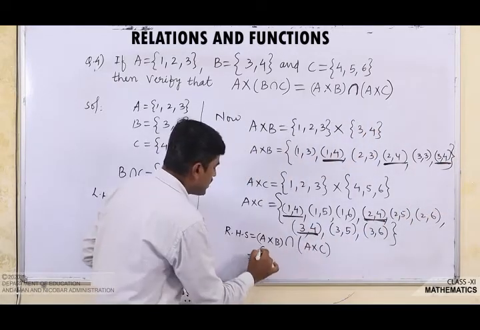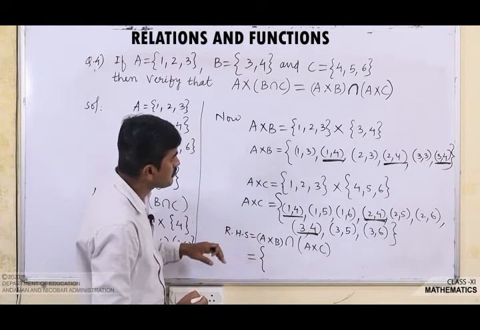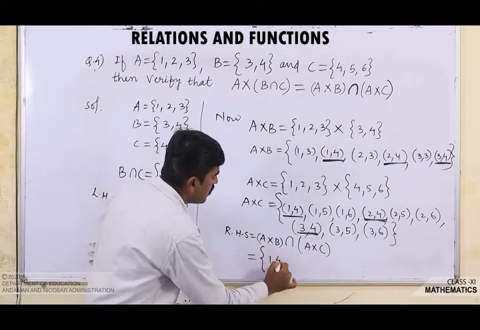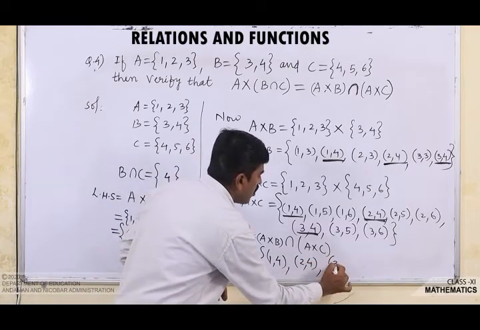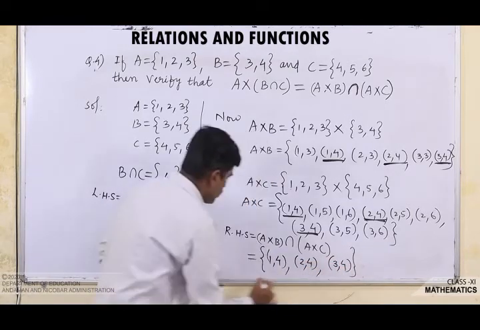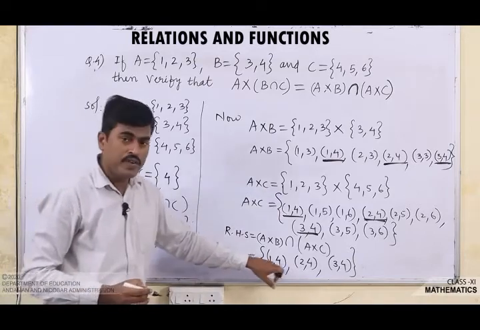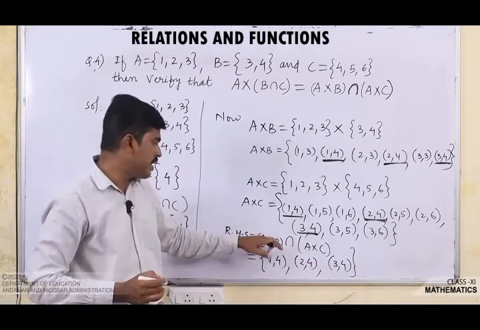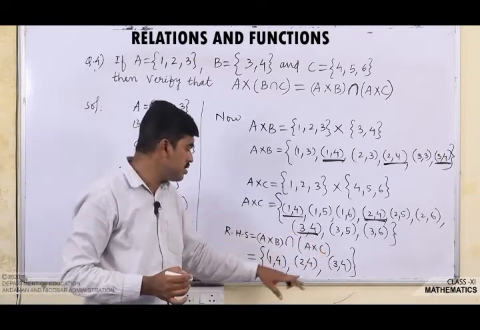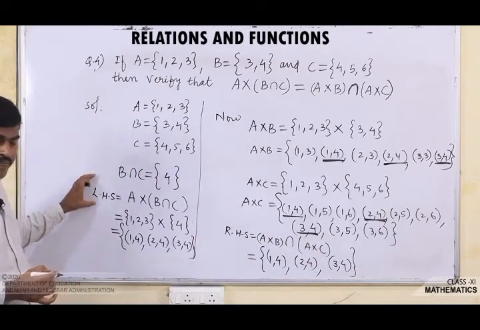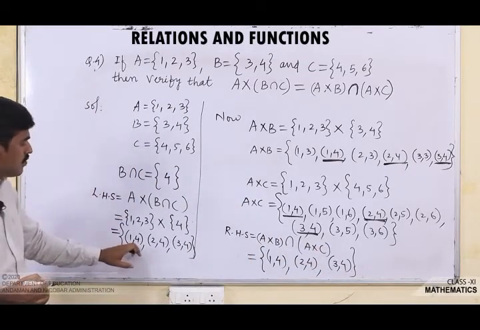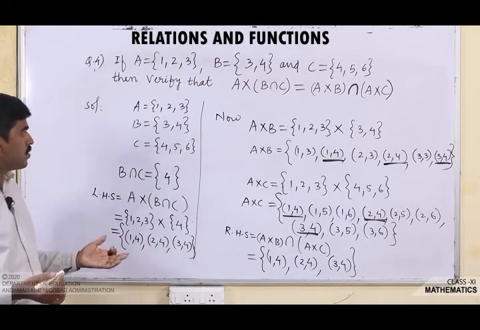So write all these ordered pairs in this set. What we got: (1, 4), (2, 4), (3, 4). So (A cross B) intersection (A cross C) is {(1, 4), (2, 4), (3, 4)}. Now look at LHS. What is LHS? That is also {(1, 4), (2, 4), (3, 4)}.